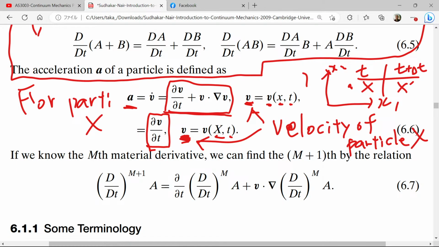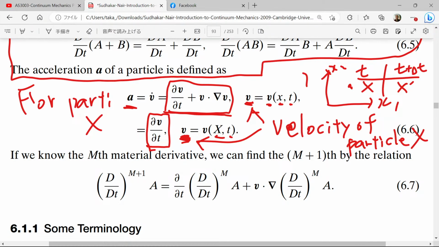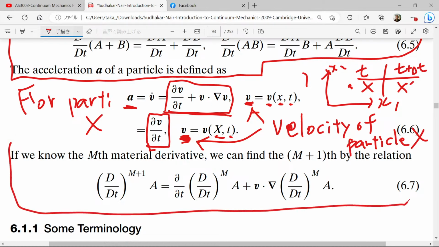If we know the mth material derivative, we can find the m plus 1th derivative by the relation. This is also a mathematical summary. Okay, so don't get confused. This is separate.